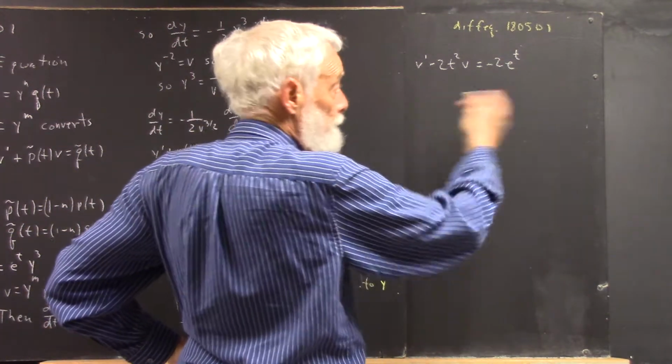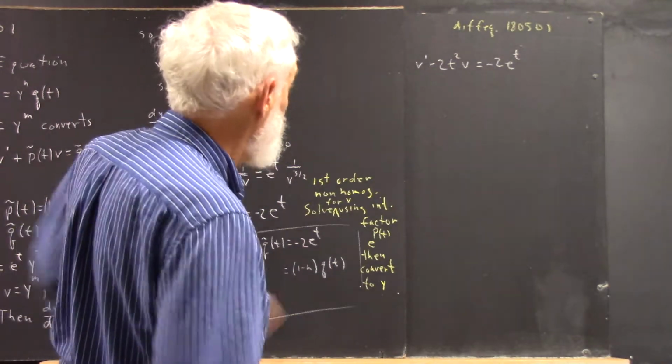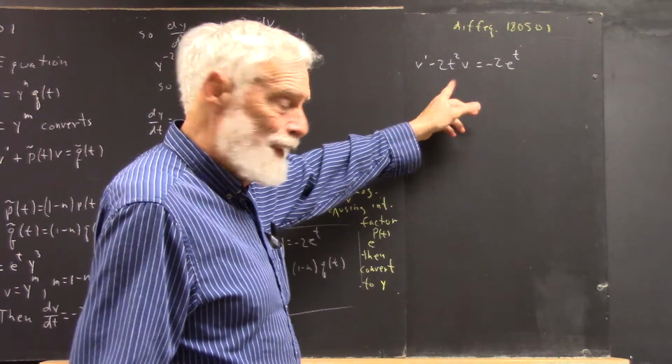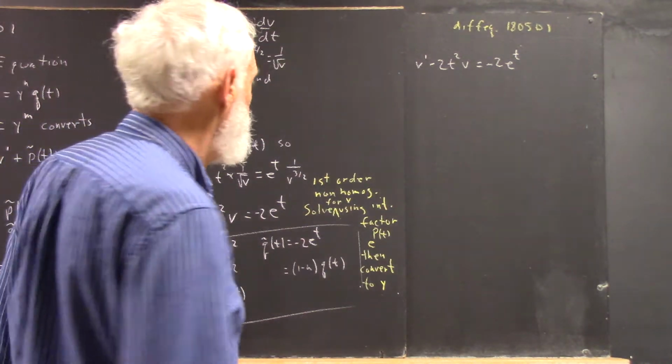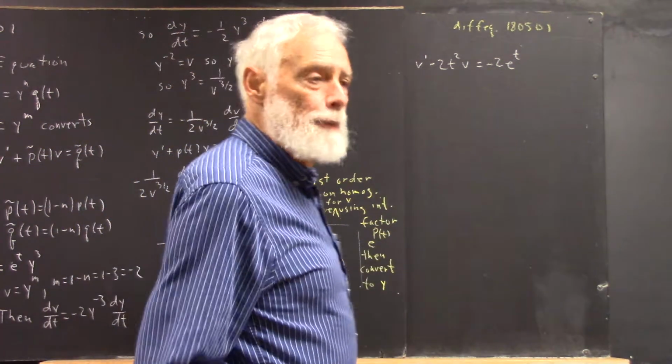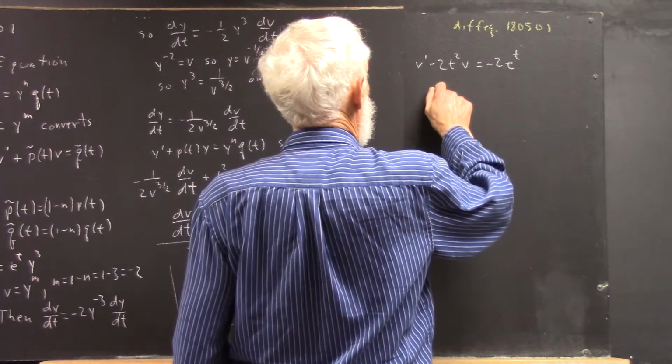For this equation, p of t is negative 2t squared. That's actually what we call p tilde of t over here, so let's keep that notation.